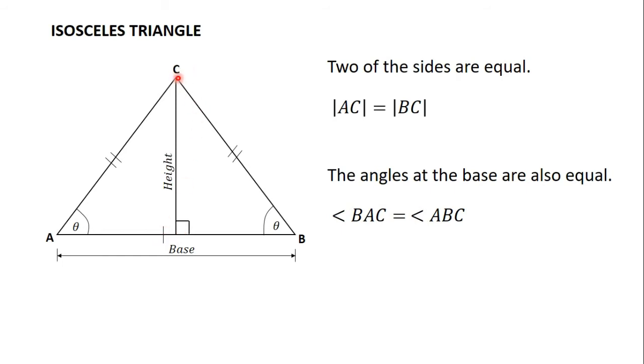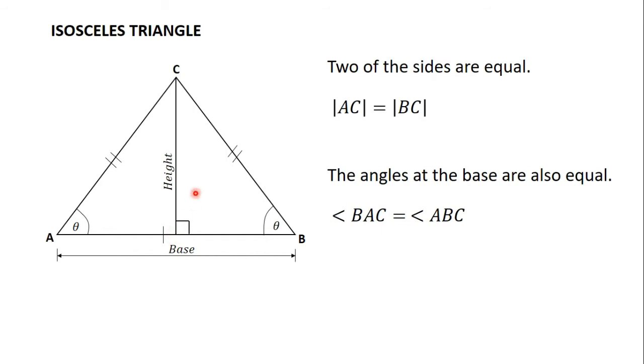So if you draw a perpendicular line from C to the line AB, the length of that line is what we call the height of the triangle. We call this line a perpendicular line because it meets AB at 90 degrees. So if two lines meet at 90 degrees, those two lines are said to be perpendicular lines. So the length of the line from C to the base is the height of the triangle.